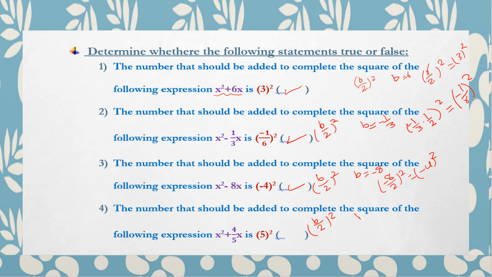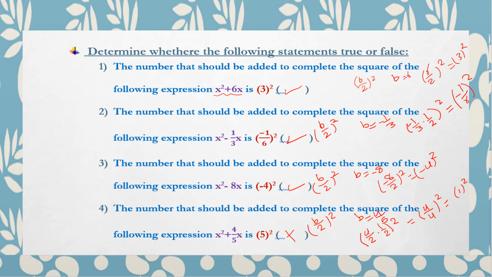And b here equals 4 over 5. So 4 over 5 over 2, or times half, squared equals 4 over 4 squared, and this means 1 squared, and this is false.